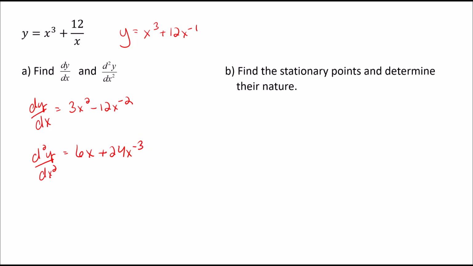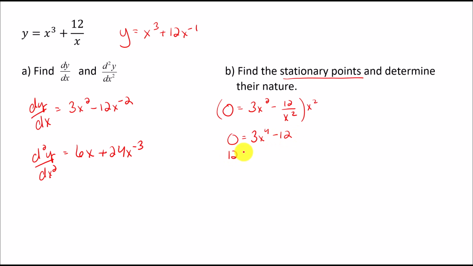Now that I have those two derivatives, I need to find the stationary points, which you always find by setting the first derivative equal to 0. But when I do this, I'm going to write it as 3x squared minus 12 over x squared so I can do the math a little easier. It doesn't really matter how you do this. I can multiply everything by x squared to clear the denominator, which gives me 0 equals 3x to the fourth minus 12.